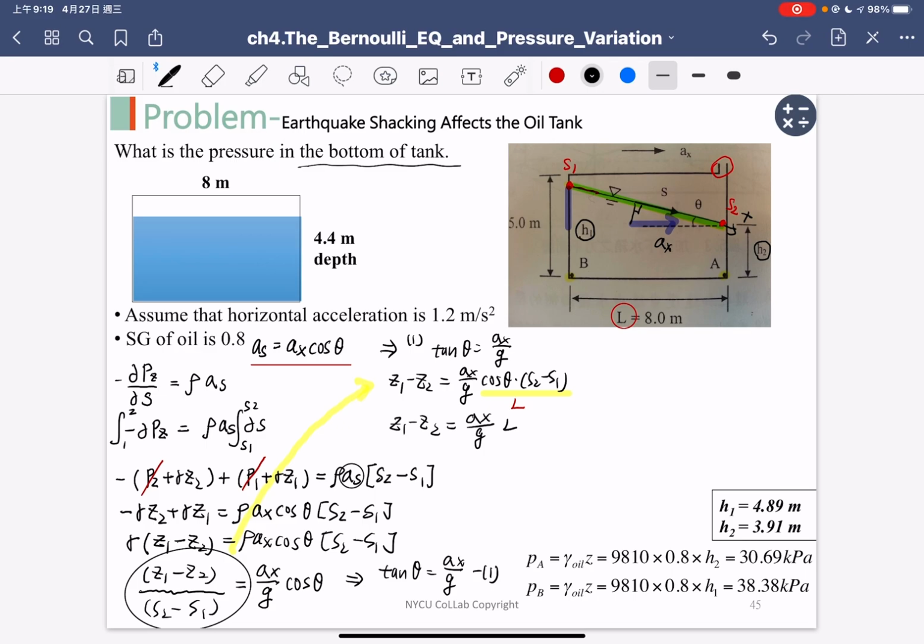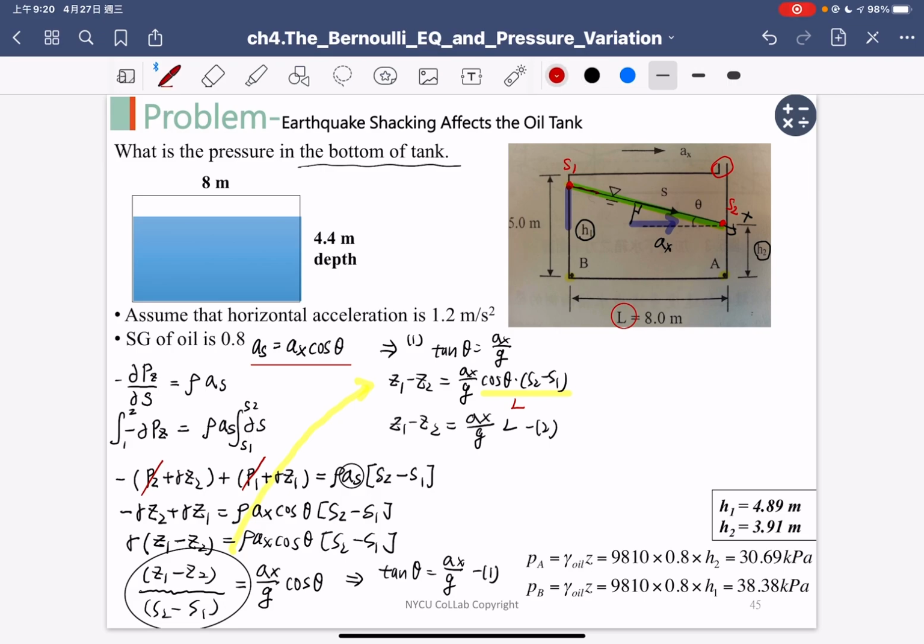This is our equation 2. But the key here is we need to find out how large D1 and D2 are. We only have one equation and 2 variables, so it's impossible to know D1 and D2, right? So we still need another equation.